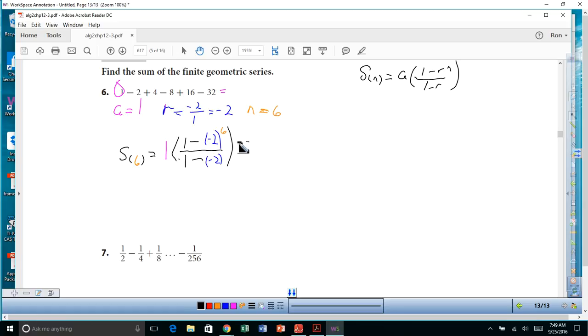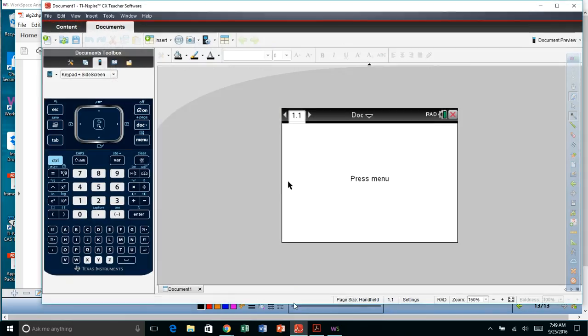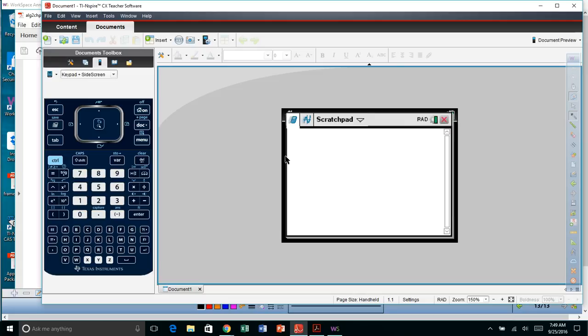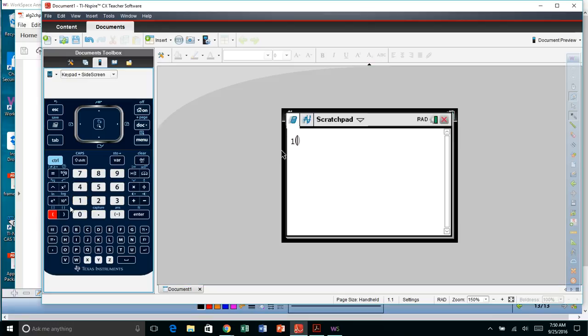Now, I would just plug all that in the calculator, and let's get a calculator here. So, yeah. 1, open parentheses, control divide, 1 minus, open parentheses, -2, close parentheses, caret, and that was 6, right?